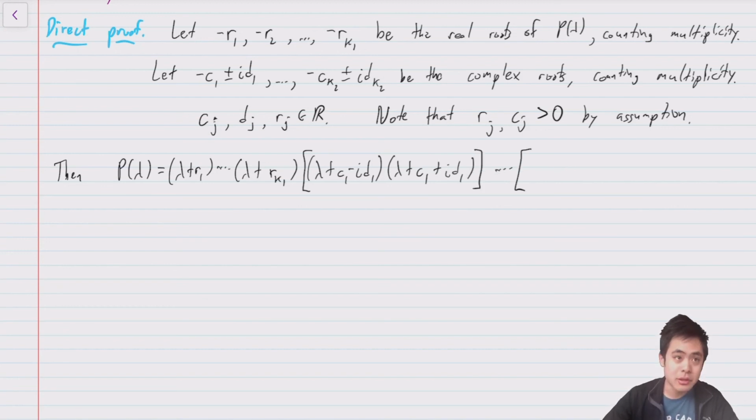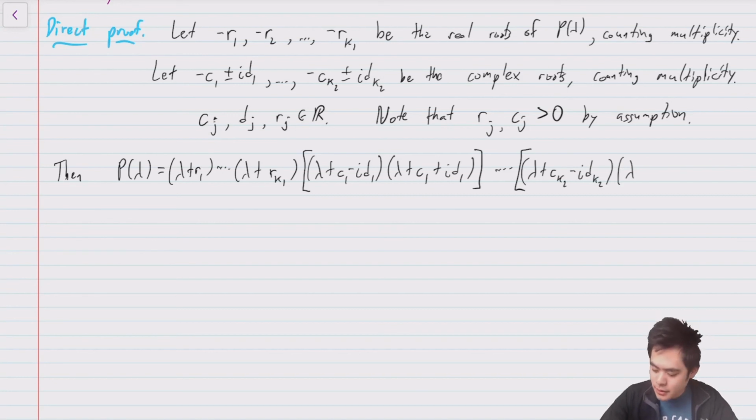And of course, you have the product of all these complex terms, through lambda plus ck2 minus i dk2 times lambda plus ck2 plus i dk2.